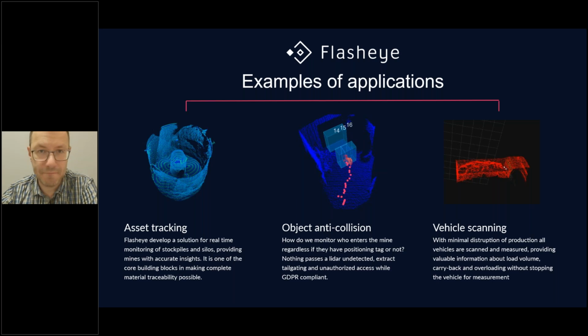A couple of examples of applications where our perception software is used. For example, asset tracking, where we have developed real-time monitoring for stockpiles and silos, providing mines with accurate insights, measuring volumes of the material which is loaded in either piles or silos, which does not need any action.